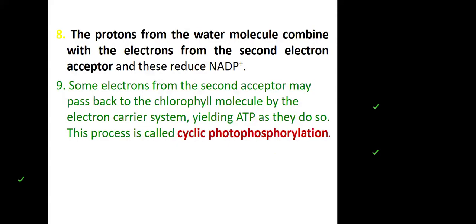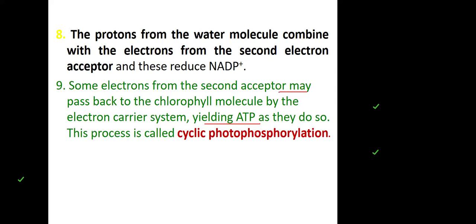Then we see also that the protons from the water combine with electrons. Some of the electrons from the second acceptor may, and this is key, pass back to the chlorophyll molecule by the electron carrier system. Now here what we are trying to describe is cyclic photophosphorylation. And while they are doing that, they will yield ATP.